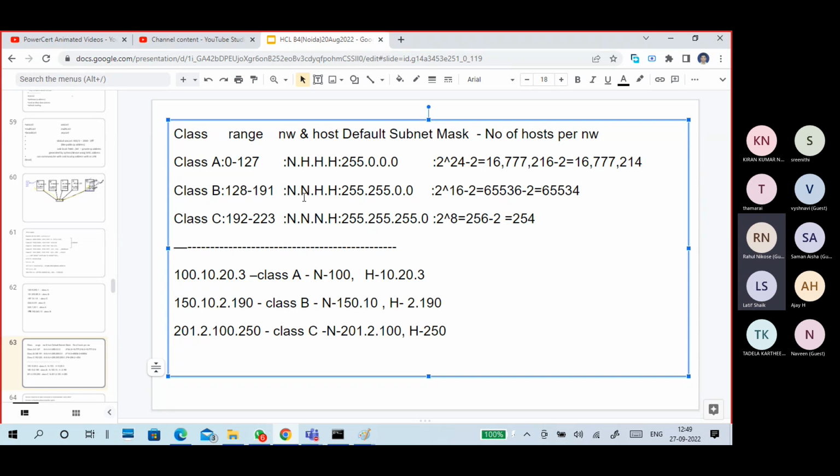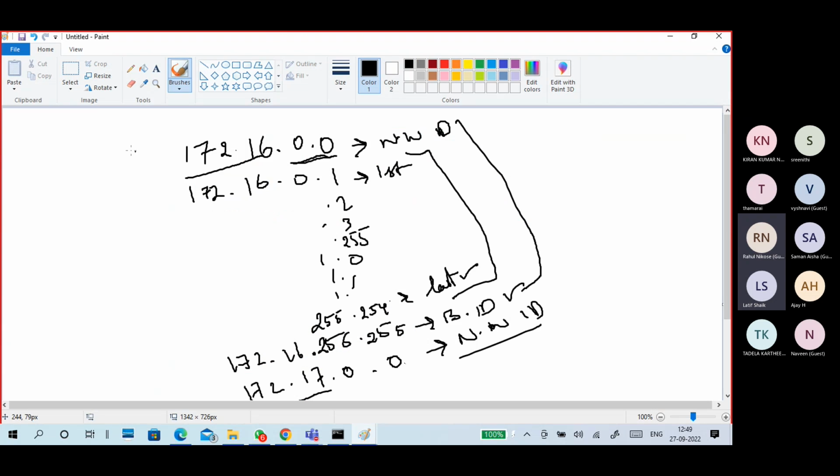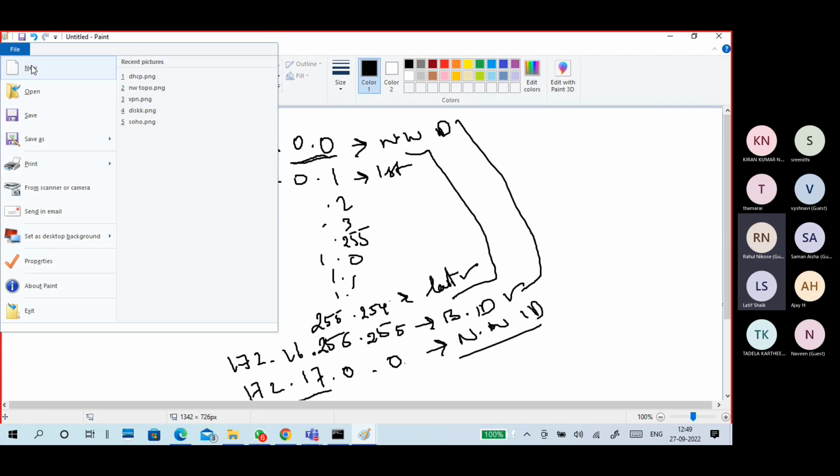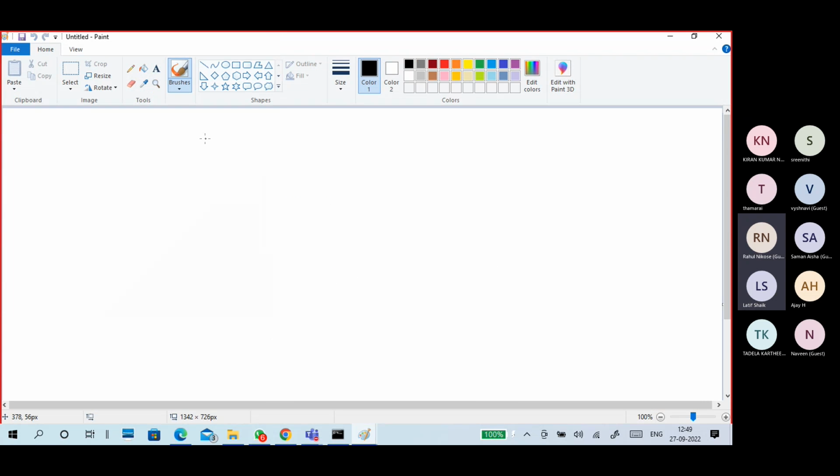Class A is the same as class B. The first portion is the network portion, and the remaining is host portion only. For example, take an IP address like this. The first one is the network ID.